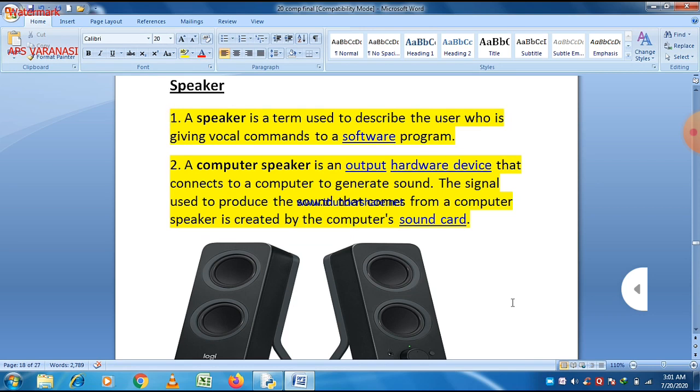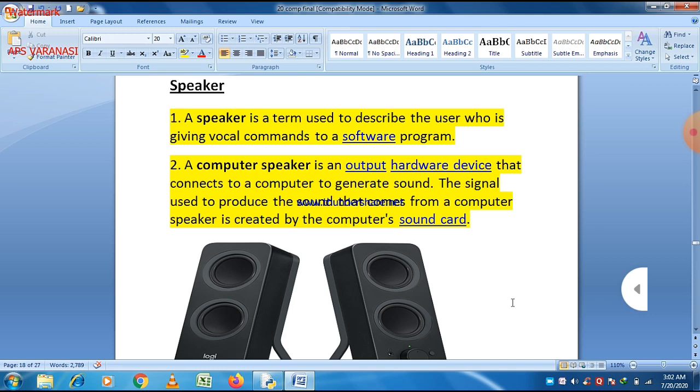Speaker is a term used to describe the user who is giving vocal command to a software program. And second thing, a computer speaker is an output hardware device that connects to a computer to generate sounds. So it is basically used to generate sounds, and the signal used to produce the output from a computer is created by the computer sound card.